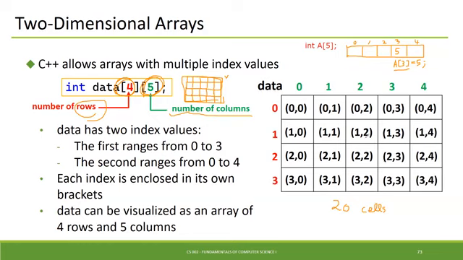This one is row 0, column 0, so the number of this cell is 0, 0. And look at this one. This cell is row 1, column 3. Row 1 and column 3 meet in this cell, so this is the 1, 3 cell.